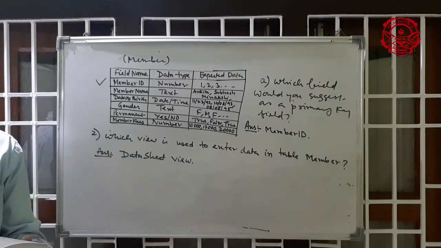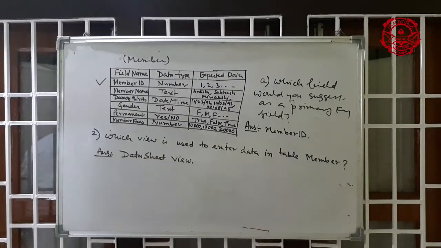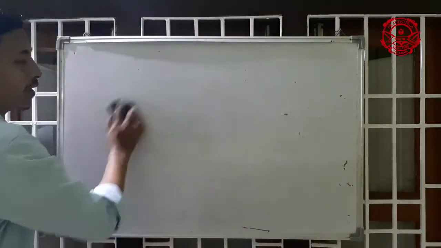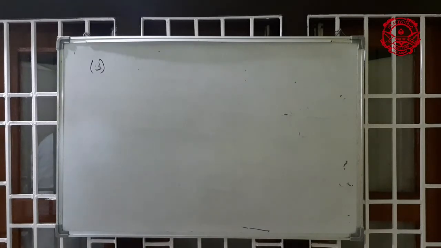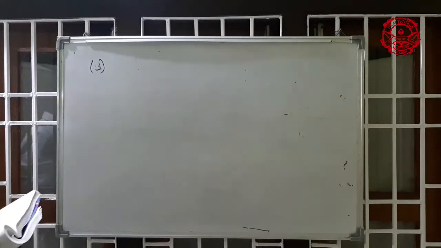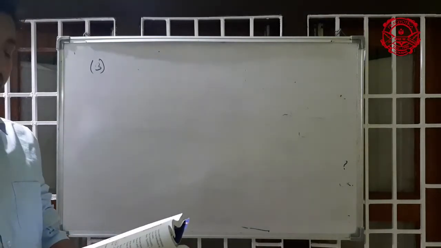Now see, the next application based question is number 3. Hold the page number 194. Application based question number 3. You can see there is again a table given here. Consider the table given below and answer the questions following it.